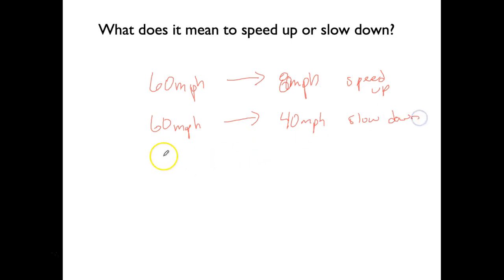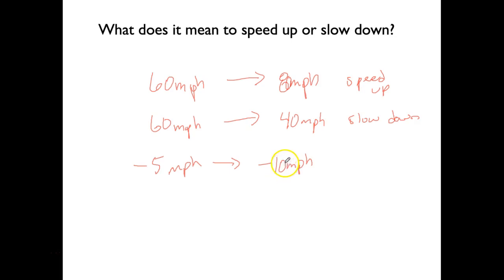Okay, let's give a different example here. Let's start taking negative values. Let's say I'm in reverse and I'm going negative 5 miles per hour, and I begin to go negative 10 miles per hour. In order to do that, I hit the accelerator to speed up to a faster velocity backwards.